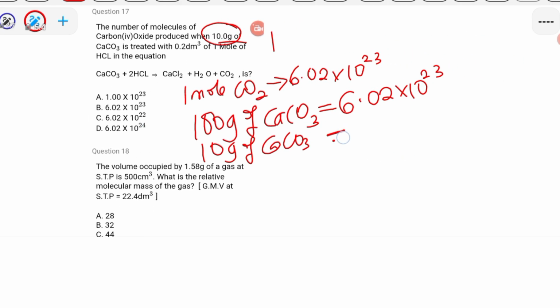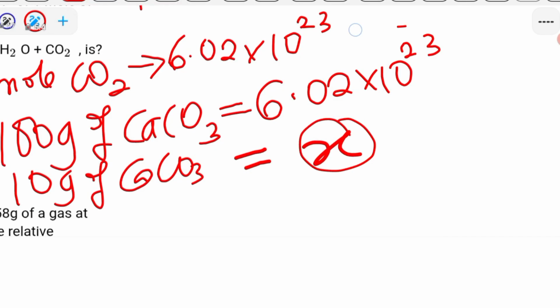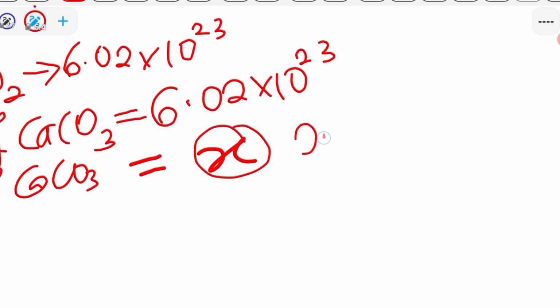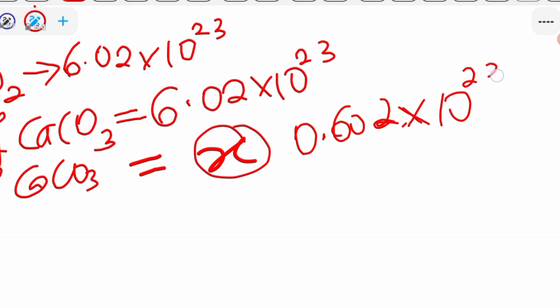So if you just put it here as X and work it out. But instead of stressing yourself, if you notice, 100 grams here turned to 10 grams, that means they divided it by 10. So to get what this X will be, just divide this number by 10. So 6.02 divided by 10 will give you 0.602 times 10 to the power 23. Then just put this in standard form.